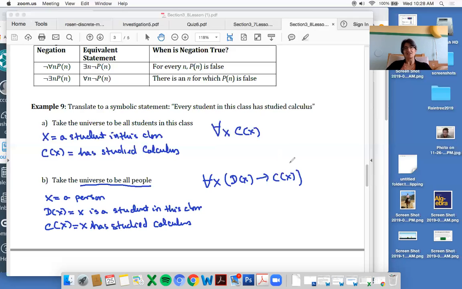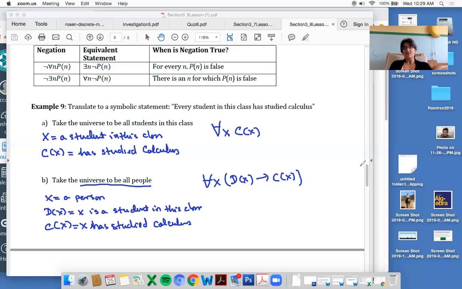So that would be a lot of people in our class. But it's a conditional. So for every person, if they're in this class, then they have studied calculus. Okay, so that's how the translation goes if the universe changes to all people. All right. Any questions with this?